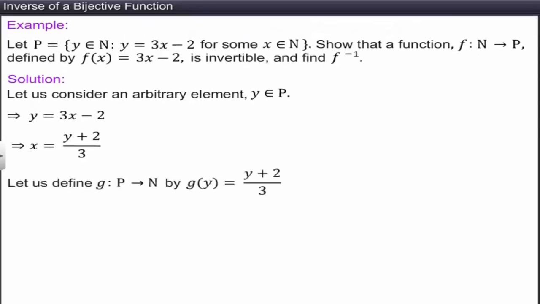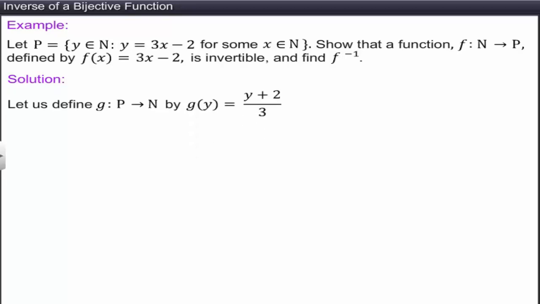Let us now define a function g from P to N by g of y is equal to y plus 2 whole divided by 3. Now, g will be the inverse of f if g circle f and f circle g are identity mappings. Let's check it out. Consider any arbitrary element, x, from the set of natural numbers.